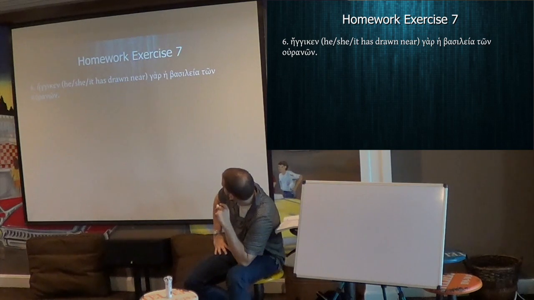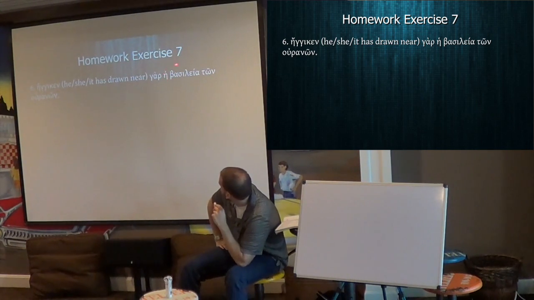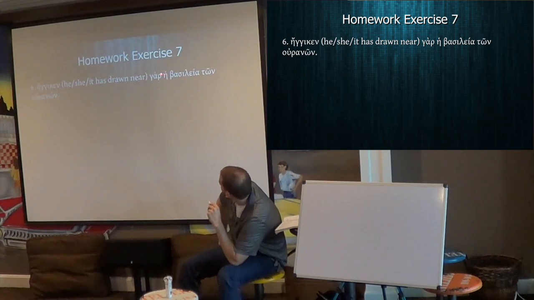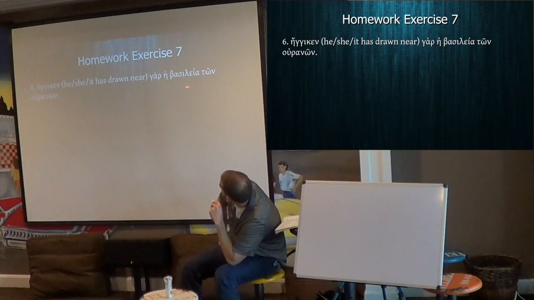Basileia. But that's feminine. That's feminine. So it ends in alpha. This is nominative, singular, feminine. There you go. So yeah, your article clues you in. Basileia is nominative, singular, feminine. So he basileia.